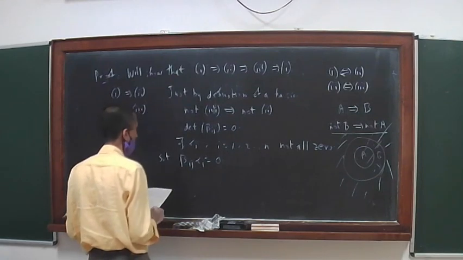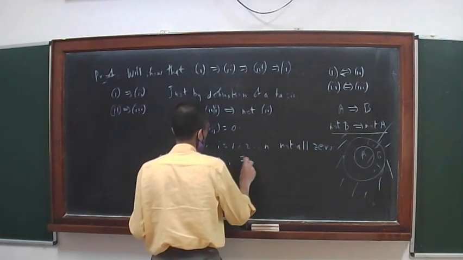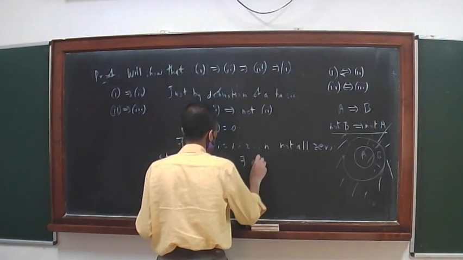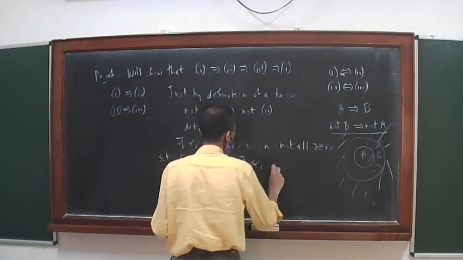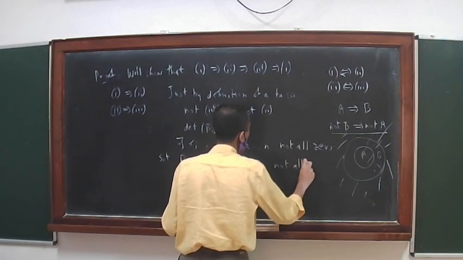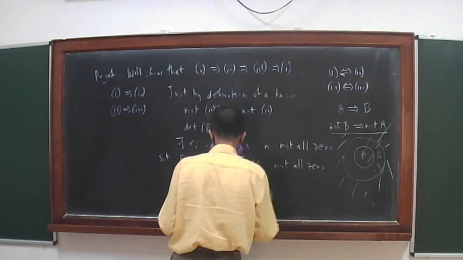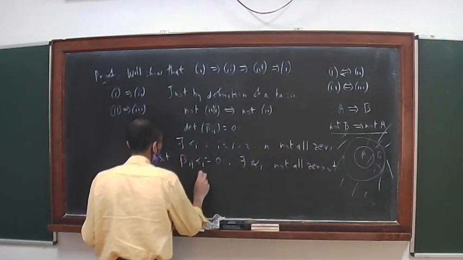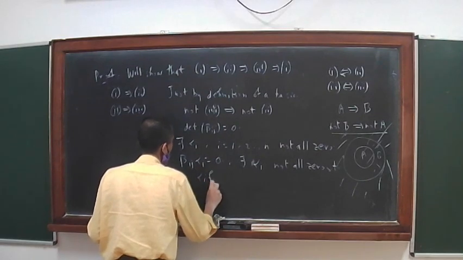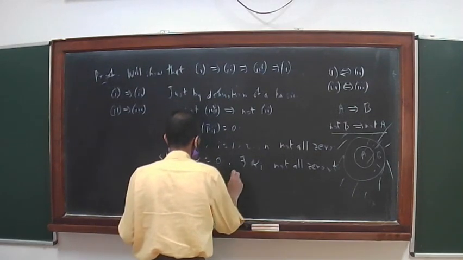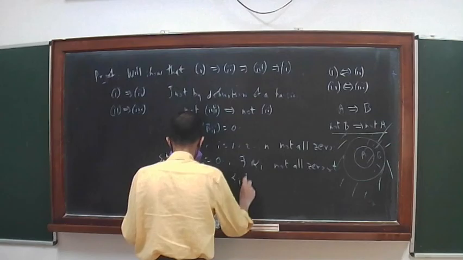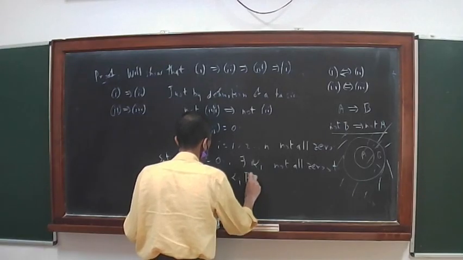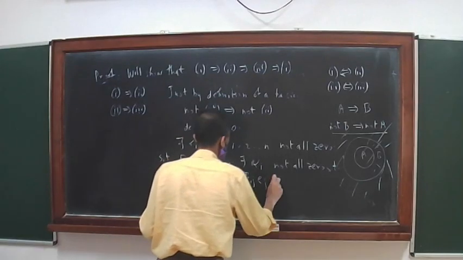So thus there exist alpha i, not all 0, such that the sum of alpha i fi is equal to the sum of alpha i beta ij ej, which is equal to 0.